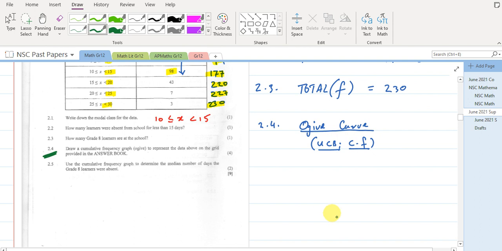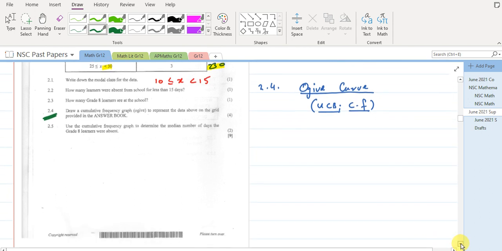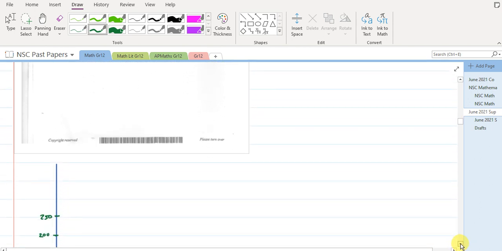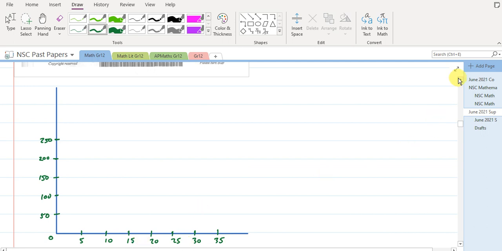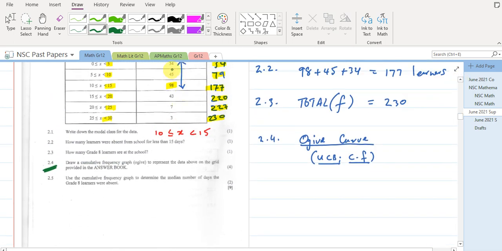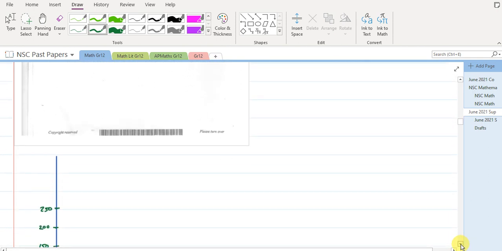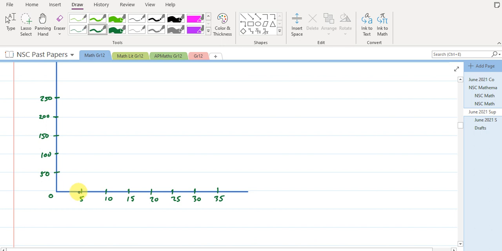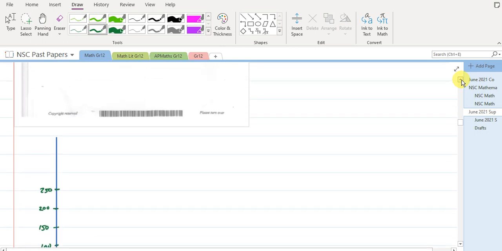I'm just estimating, guys. My second coordinate is 10 and 79, somewhere around there.